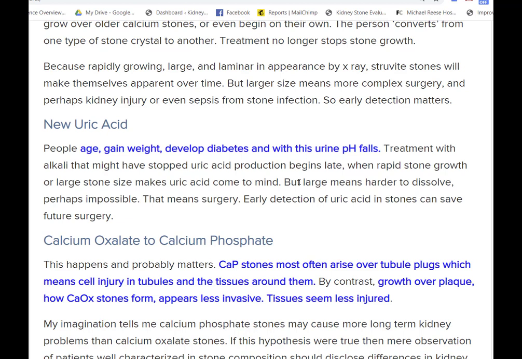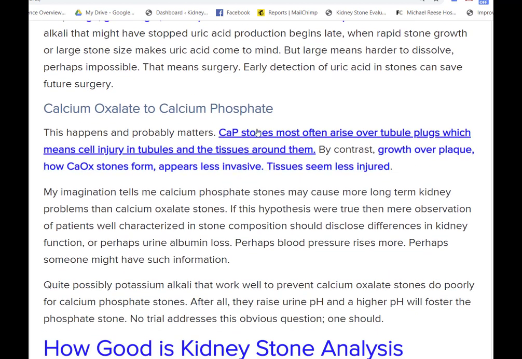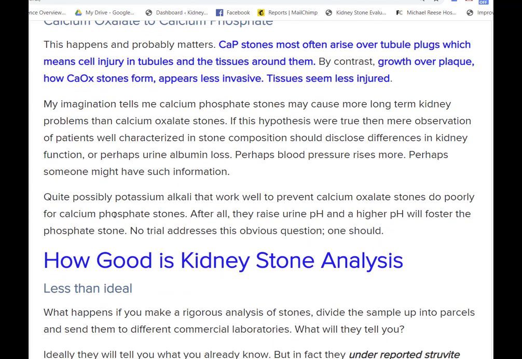So, if you analyze a stone and you catch the uric acid, you can abolish it. We have observed and published that calcium oxalate stones can turn into calcium phosphate stones. That could be bad. The calcium phosphate stones can grow faster, and they tend to invade the tissue with crystals. So you want to know that.